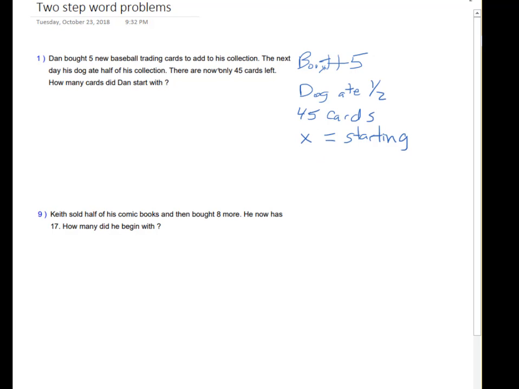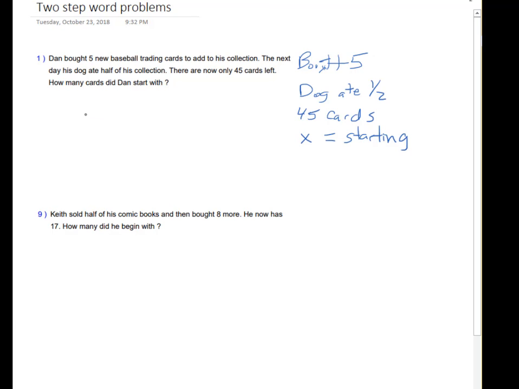So let's see. He had 5 baseball cards that he added to his collection, and then the dog ate half of it. So he started off with this many. He added 5 that he bought, and then his dog ate half. And now he only has 45. That's one way to make that sentence make sense.